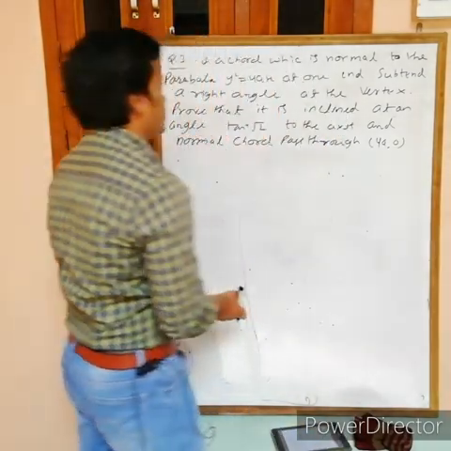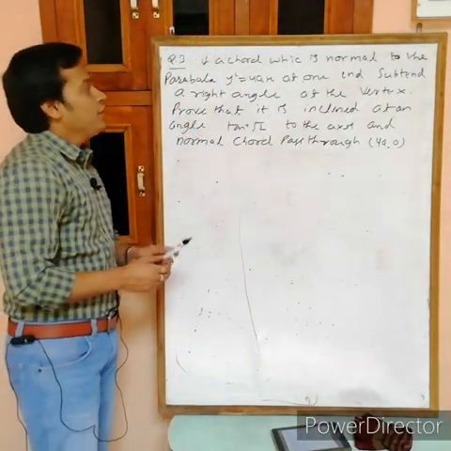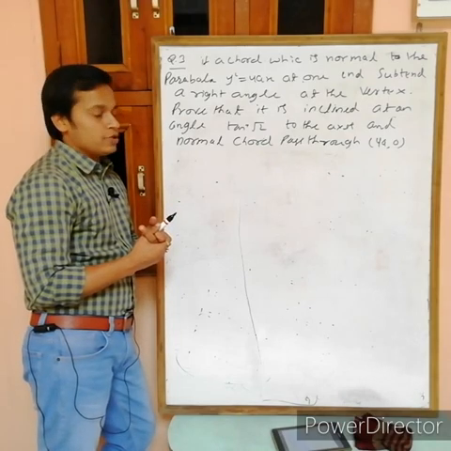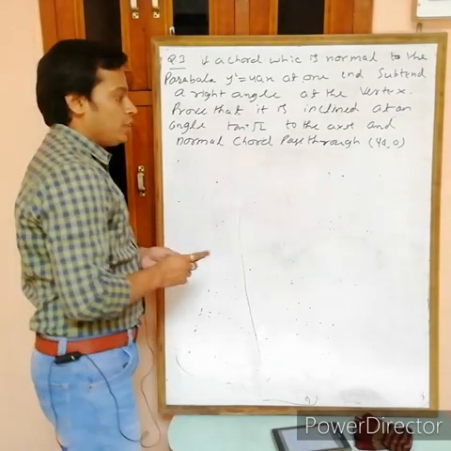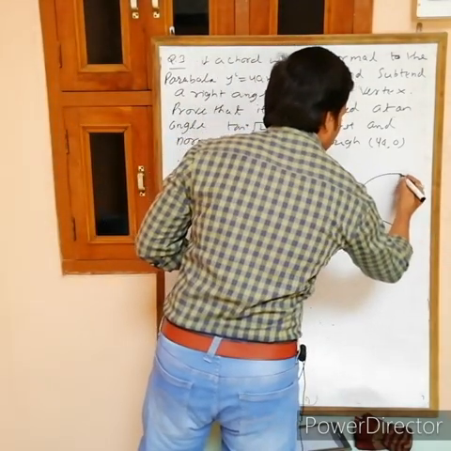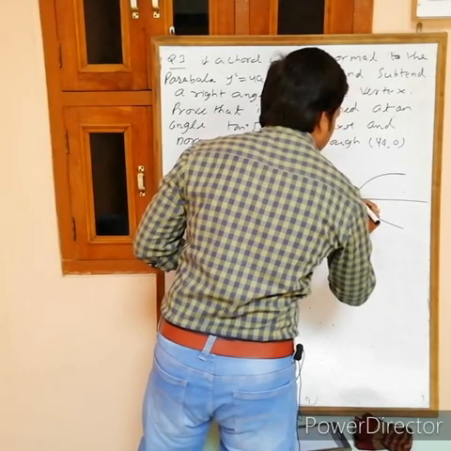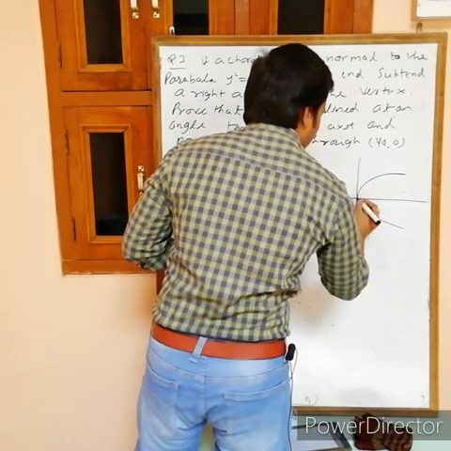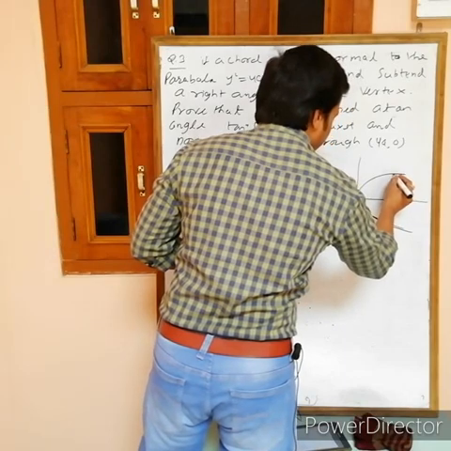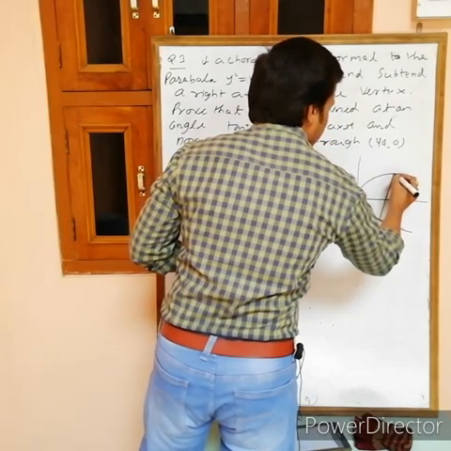Now see, first understand the question. If a chord which is normal to the parabola y square equals 4ax, it means we have a chord of the parabola y square equals 4ax. Suppose this is the parabola and we have a chord. Suppose this is the chord.